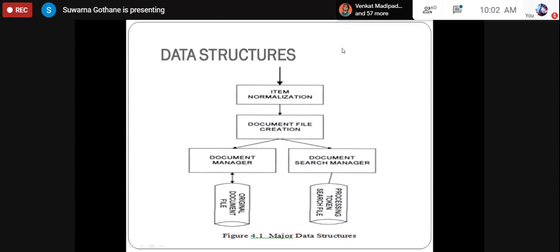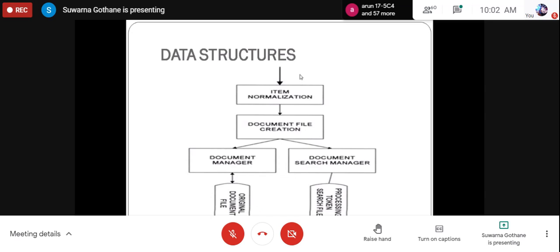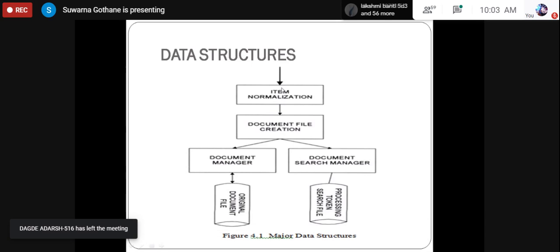Now today we are going to study some of the data structures. Here in the data structures, we have the data structure at both ends, at the server side and at the client side, and how it is going to be useful. You have already studied the item normalization process.